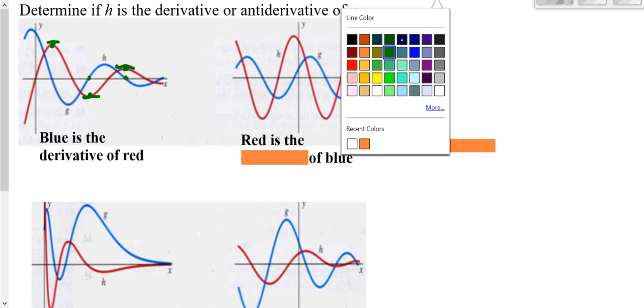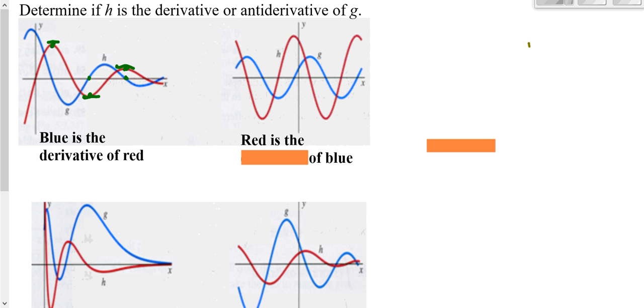So I'm going to go ahead and take a look at some tangents. So here, we started out with the red over there. If I look at the red, I'd have a horizontal tangent. Well, yeah, the derivative is 0 there.